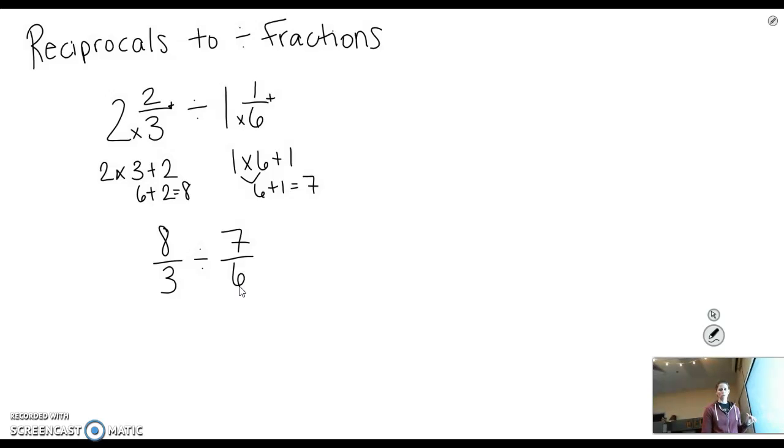Write down what you think the reciprocal of 7/6 is. All right, good. If you put down 6/7, you got the reciprocal right. Now we just multiply times our 8/3.